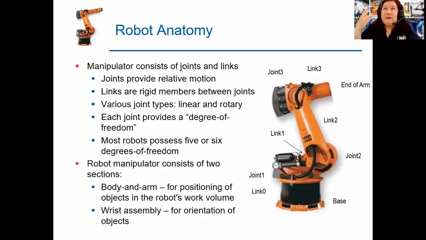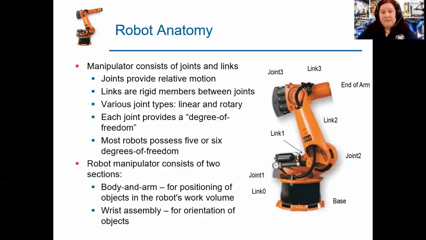It can also be attached to the ceiling or to the wall. So the base can be positioned in many different places, not necessarily just on the ground. But most commonly we will think about robots as something with a base attached to the ground, and then we have all these different things coming out of the base.